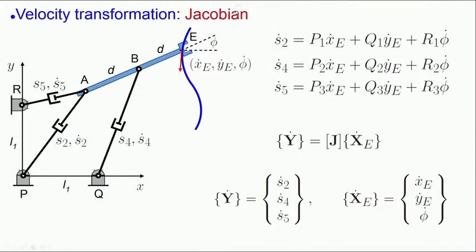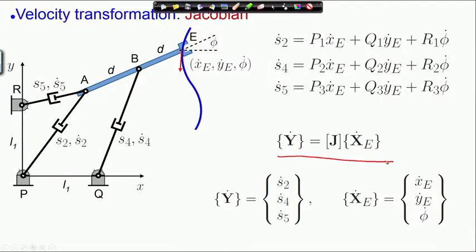So, here we have defined the Jacobian, which relates the actuator expansion rate and the end effector velocity vector. Here this is quite straightforward, because we will have the end effector velocity vector already specified through the path.